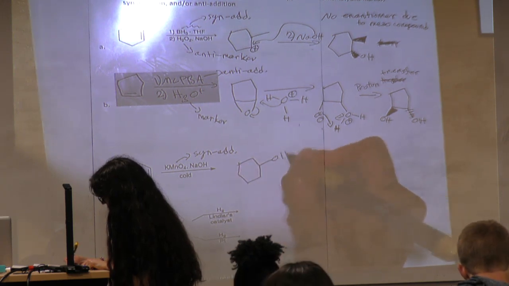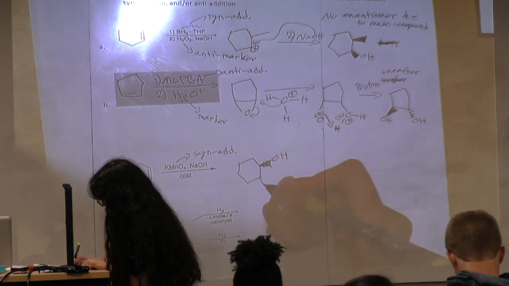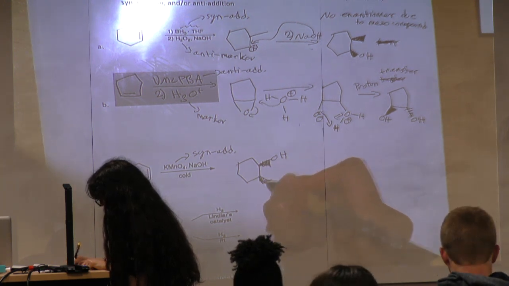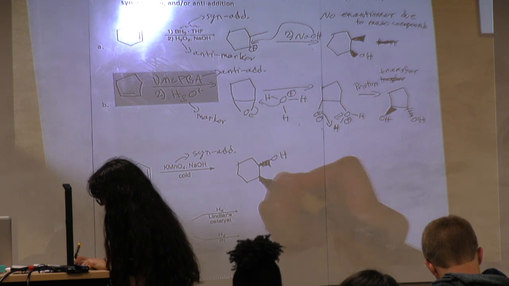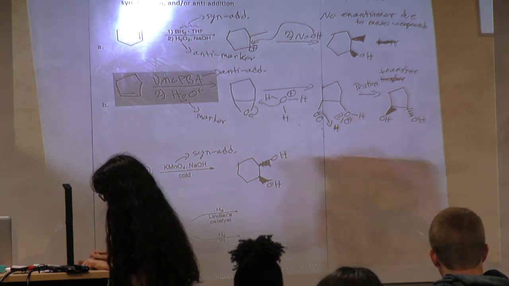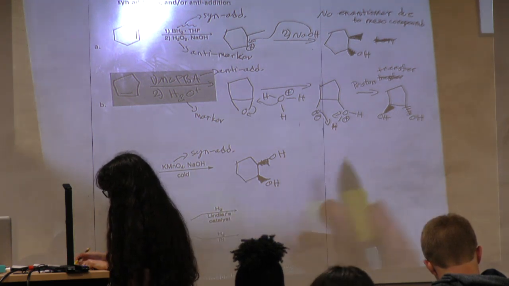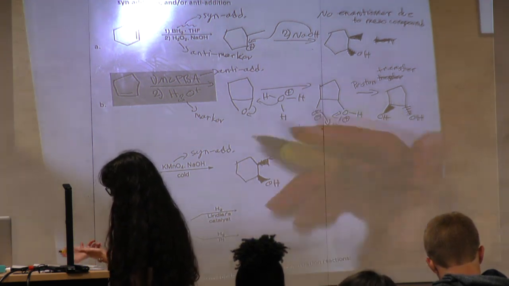So OH, I'll make this a wedge and a wedge. And like I said, you could have done dashes. You're not wrong if you do it the other way. And you don't have plus an enantiomer again because it will be a meso compound, because if you flip it, it's the same thing.